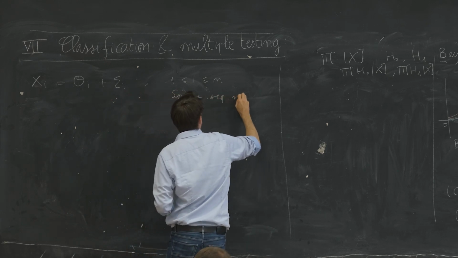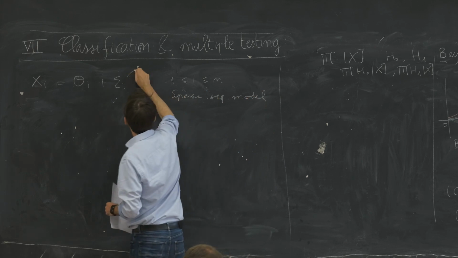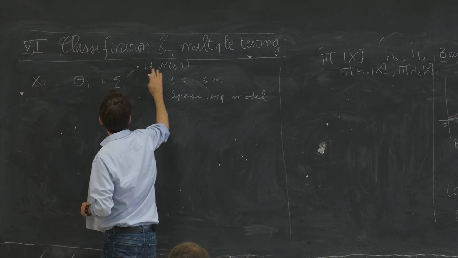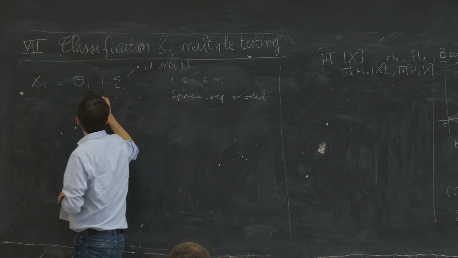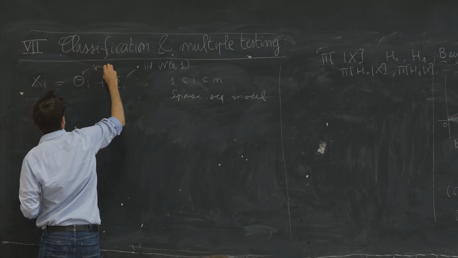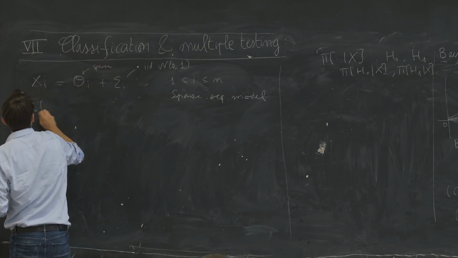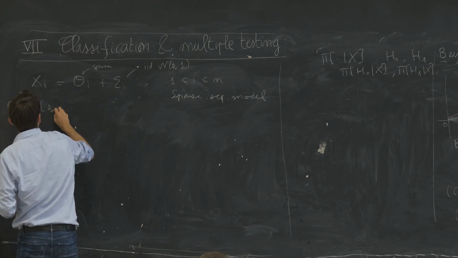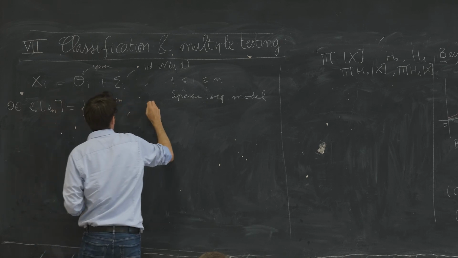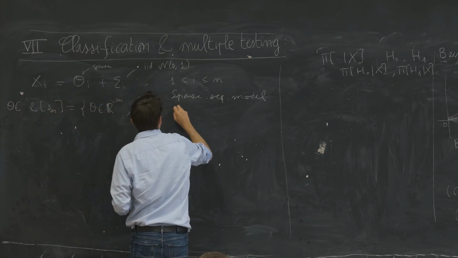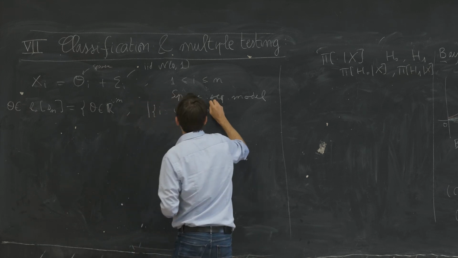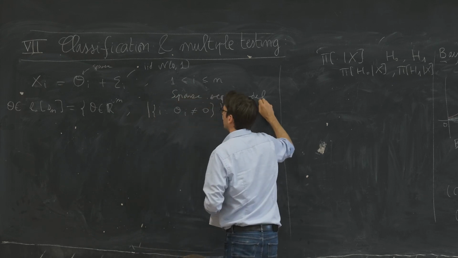We take the noise to be IID N(0,1). We could put a sigma here. We could also put other distributions; I'll come to that a bit later. Recall that theta will be assumed to be in l0[Sn], which is a subset of R^n of vectors with at most Sn non-zero coordinates.